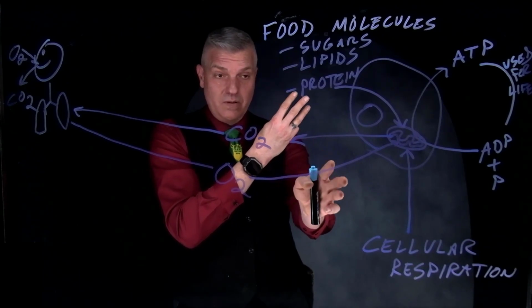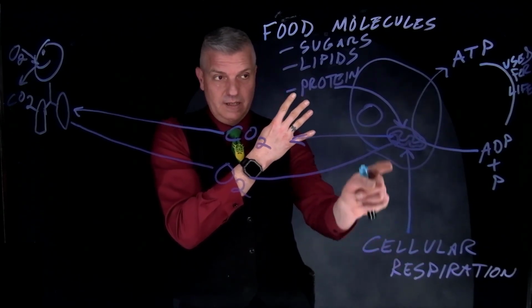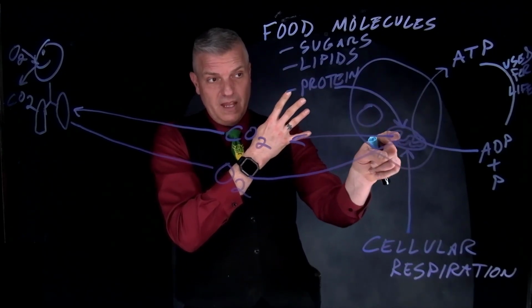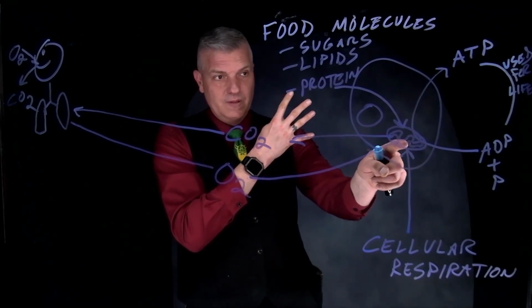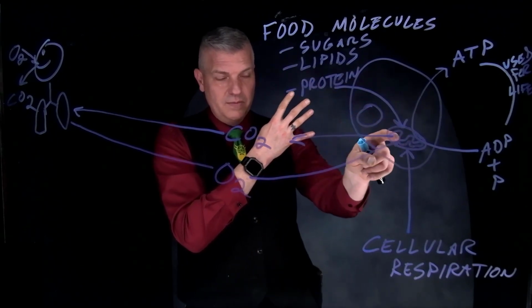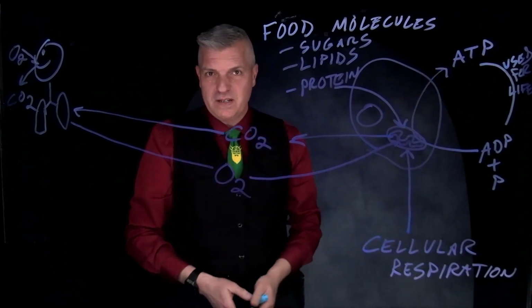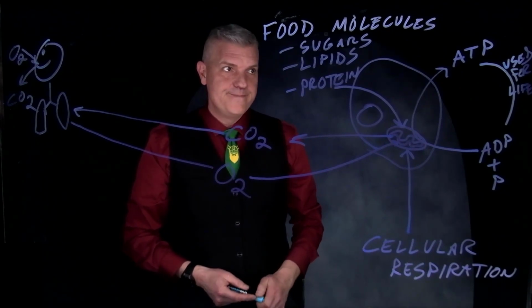And then lastly, we've got cellular respiration. In the case of humans, cellular respiration at least includes the mitochondria using that oxygen to liberate energy from the food molecules in order that we have this ATP, this energy to sustain life and to do the things that life does.